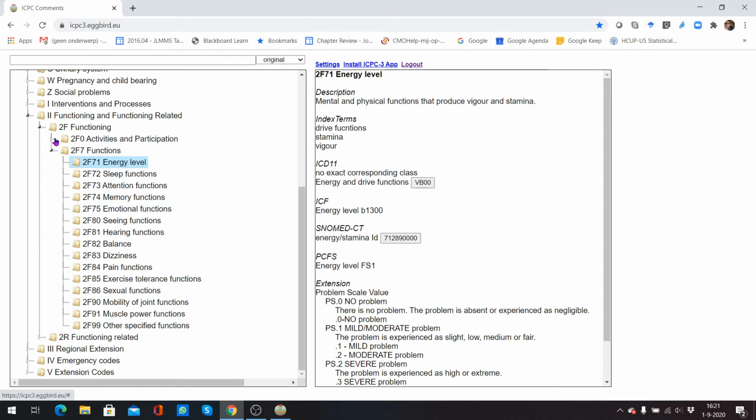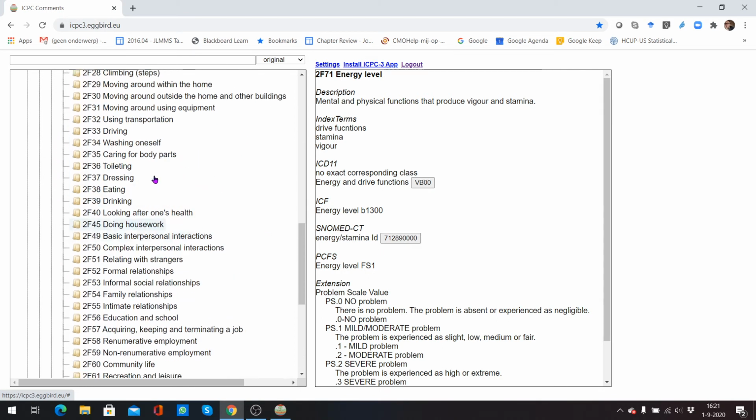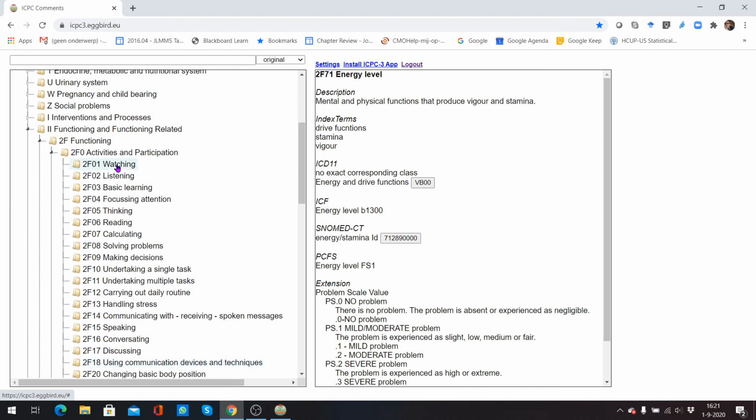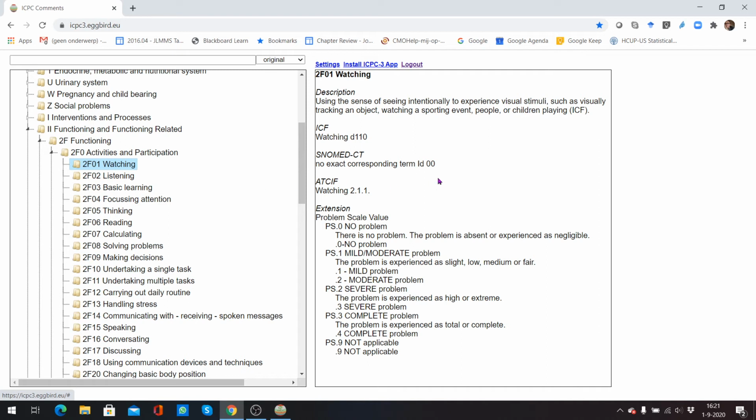So it's an activity. I go to watching. The description explains this is about looking at something consciously, about visually following a movement. It's here in the description. So it's really an activity.